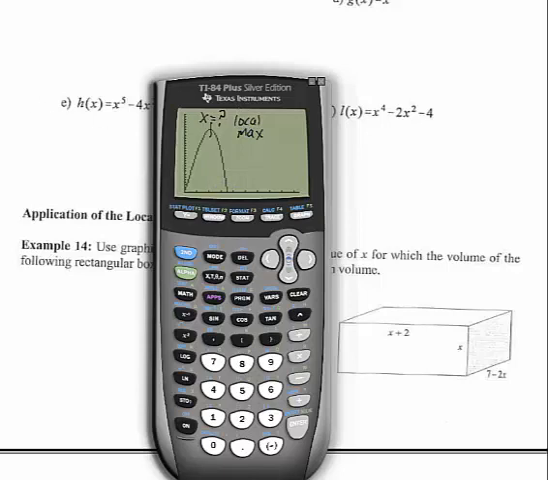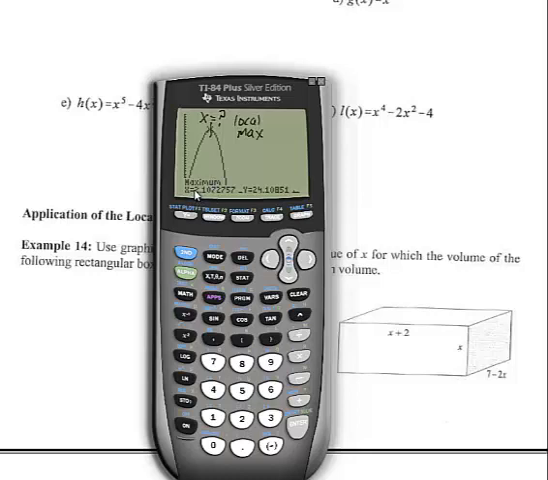Again, the calculator is going to do the work for us. We just simply go to second, calculate, maximum. I want to arrow over to the left of my maximum, hit enter, pick the right bound, make sure I go sufficiently past my max, hit enter, enter a third time, and we read our values for x.